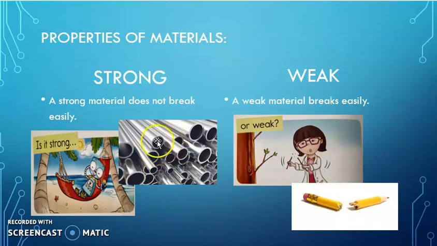Here you can find a metal bar, and another one here, the wood. And on this side, for weak materials, we have the pencil and some sticks or some small branches from the tree, or twigs. So those are weak materials. They can break easily.